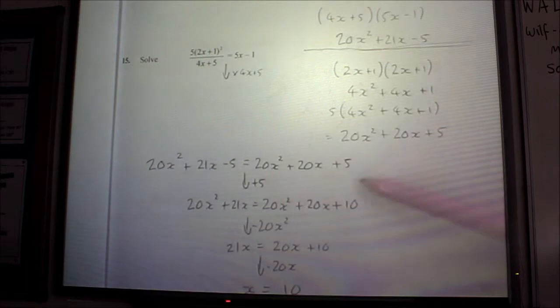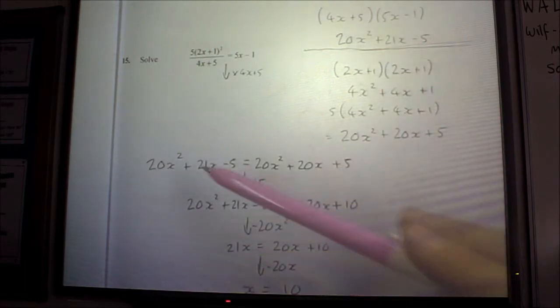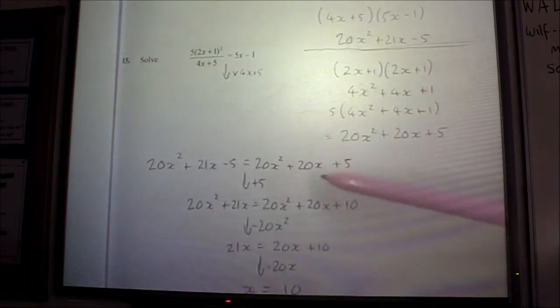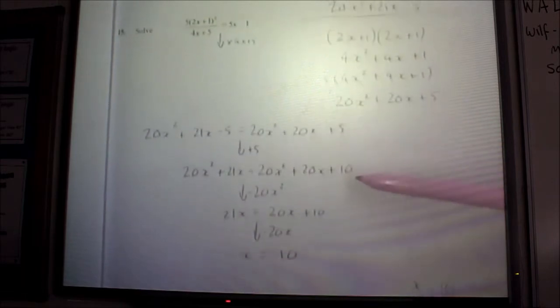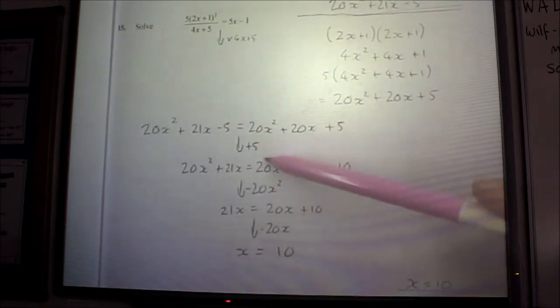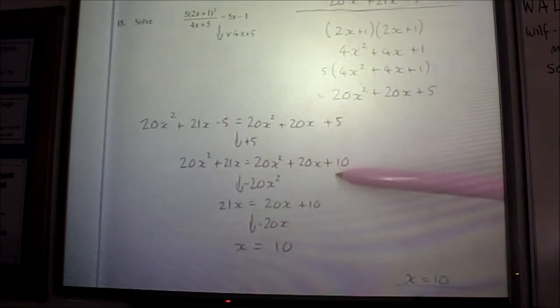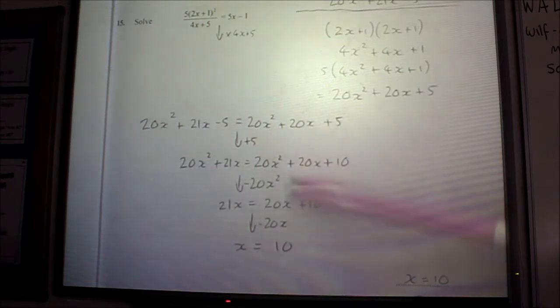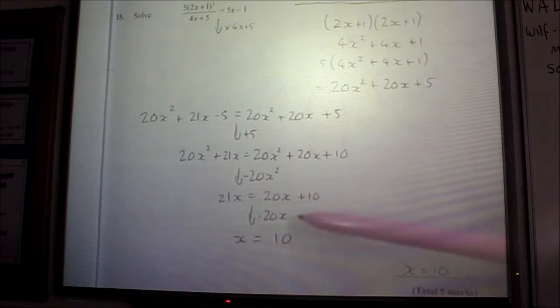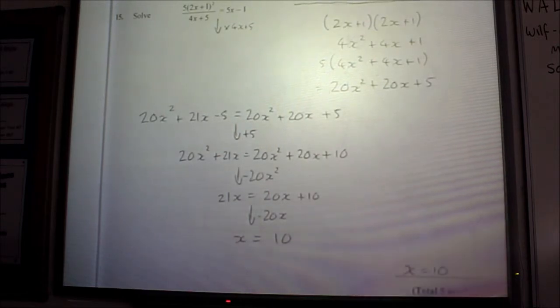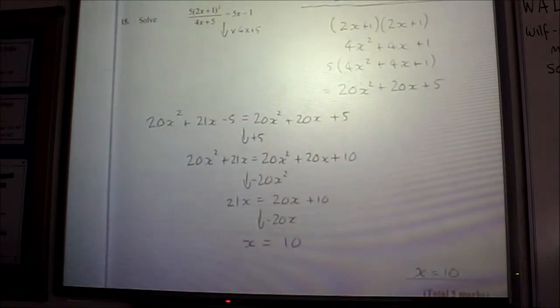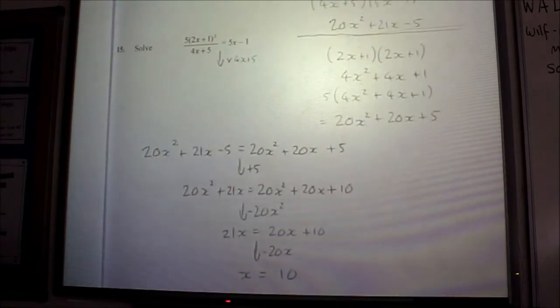So I put this one over here and I put this one over there, and now you start to simplify it. I've added 5 to both sides, sorry, to get rid of that, so it brings down to here. I've taken 20x squared off both sides, which gets rid of both the 20x's. Then I've taken 20x off both sides, which leaves you with x equals 10, and that is your answer for 5 marks. I will leave that one up there for you.